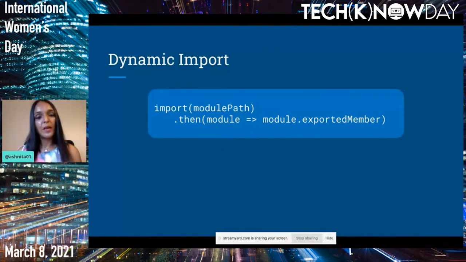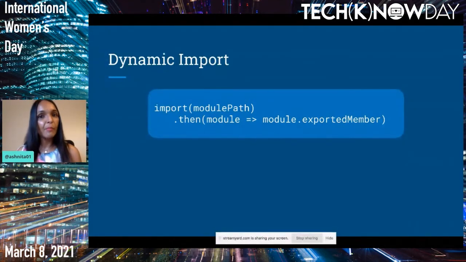So if, for example, we have links on our page, and the link is to visit features, then when the user clicks on a link, the dynamic import will load the bundle for that feature.